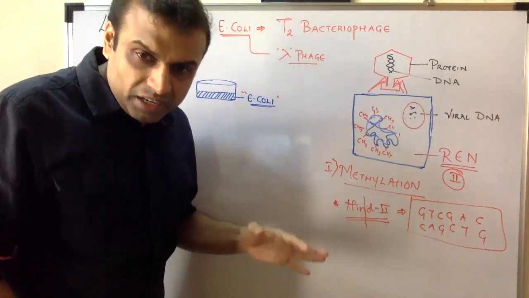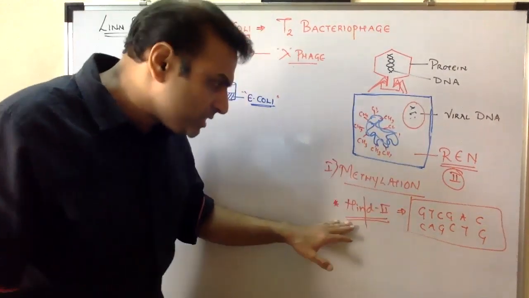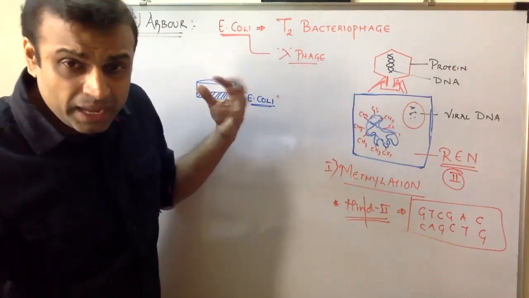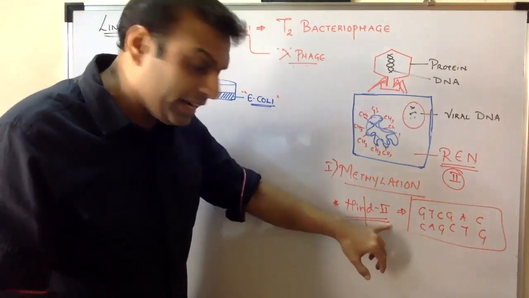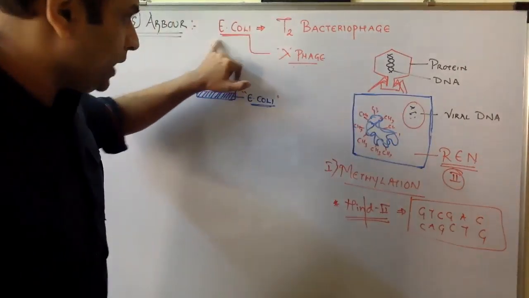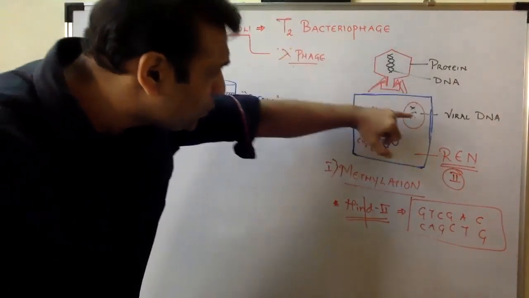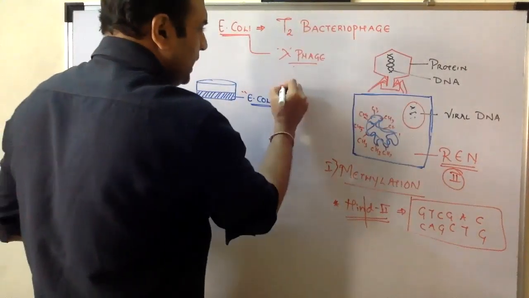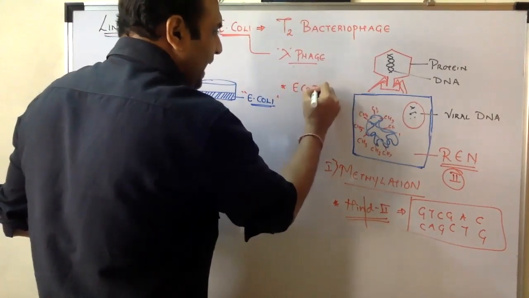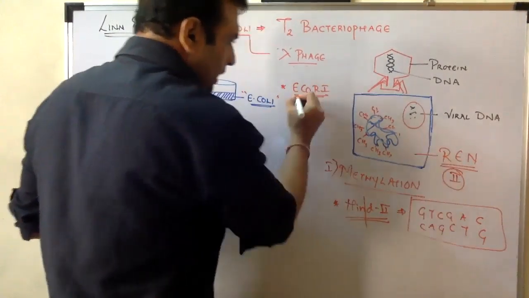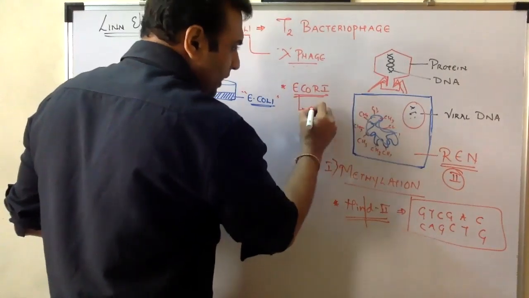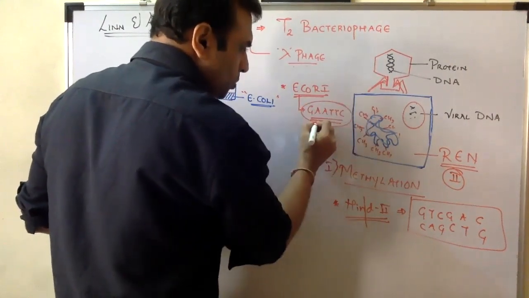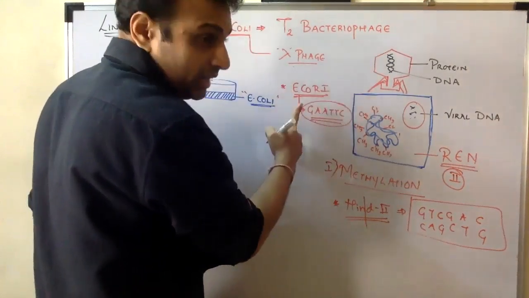गेटिंग इट? वेरी क्लियर. अगर वो हीमोफिलस इन्फ्लुएंजा है, ये मैंने ई कोलाई का एग्जांपल लिया है, पर जो सबसे पहला एंजाइम डिस्कवर हुआ था उसका नाम था HindII. इज इट ओके? वैसे ई कोलाई भी इस T2 बैक्टीरियोफाज के डीएनए को मारने के लिए एक एंजाइम बनाता है जिसका नाम है EcoRI. ओके, और EcoRI डीएनए को कट करेगा ओनली इफ द सीक्वेंस इज GAATTC. अगर ये सीक्वेंस होगा तो ही वो कट करेगा, नहीं तो नहीं करेगा.